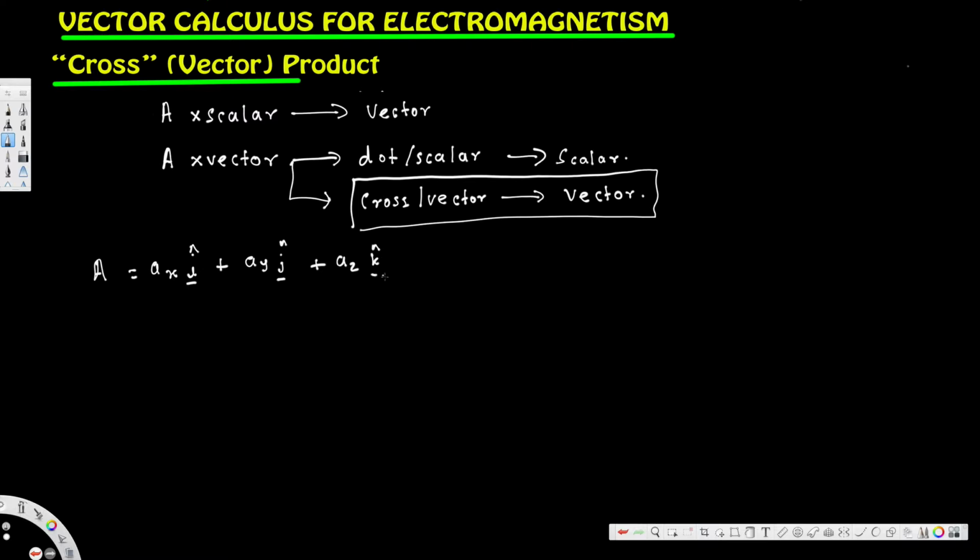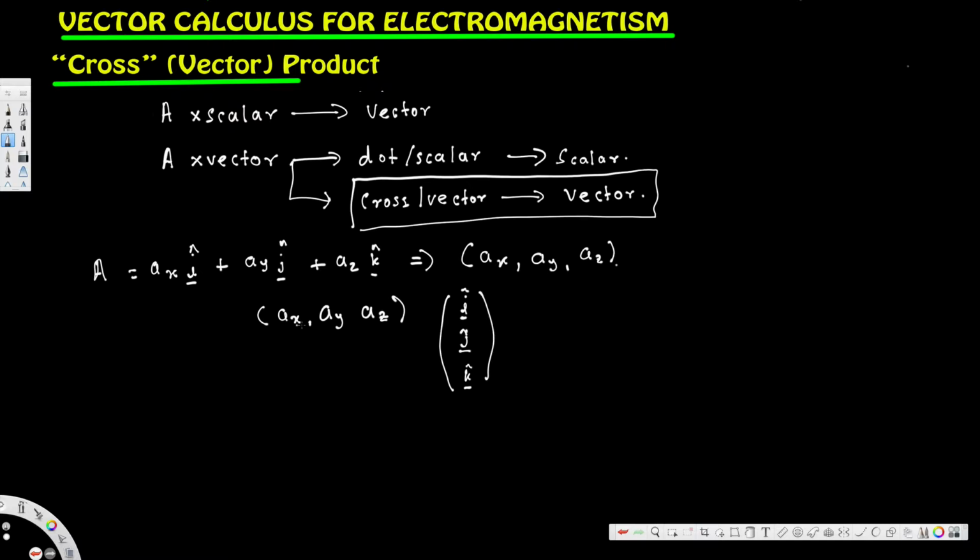Another way you can write this is ax, ay, az, and a good way to think about this is as a row, with the i, j, k components in a column. If you remember linear algebra, row times column, you will get this one back, right?